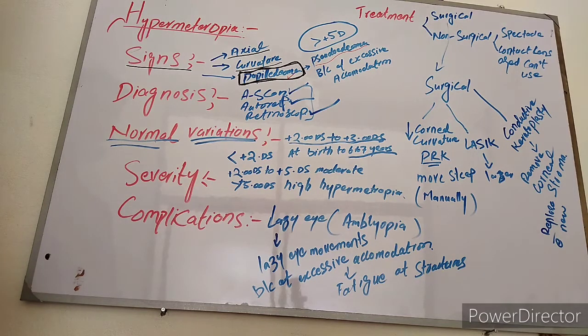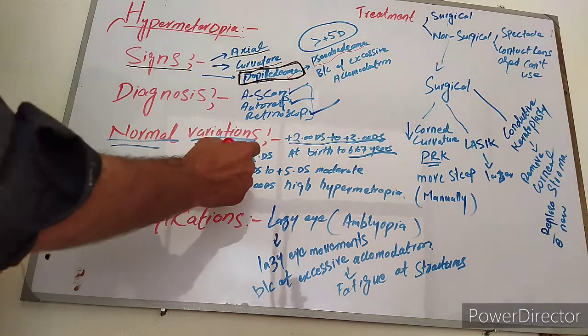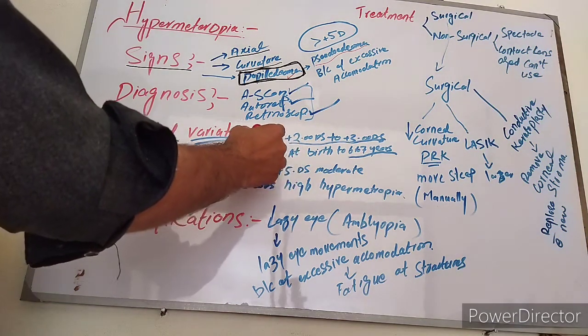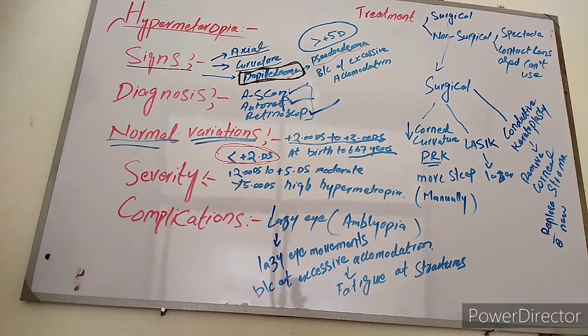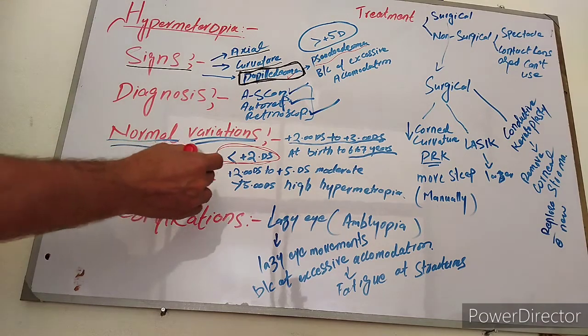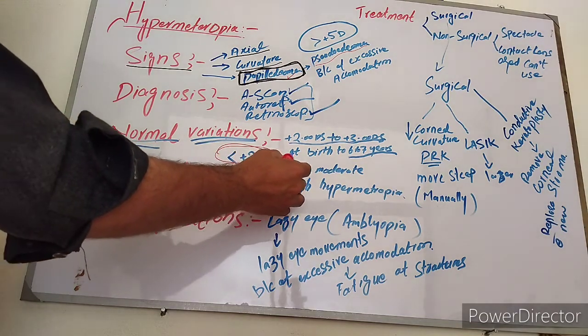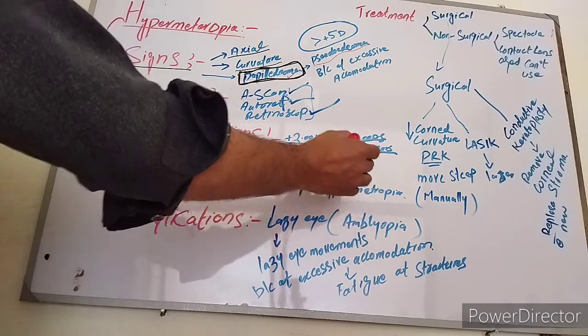Now what is the severity of hypermetropia? If hypermetropia is less than 2 diopter sphere, then we say it's low hypermetropia. It's a little bit of hypermetropia because the patient can cover this by using accommodation. If it is 2 to 5 diopter sphere, then this is moderate hypermetropia.